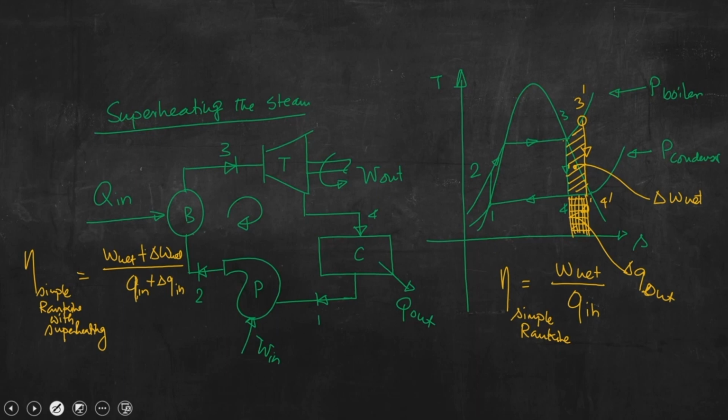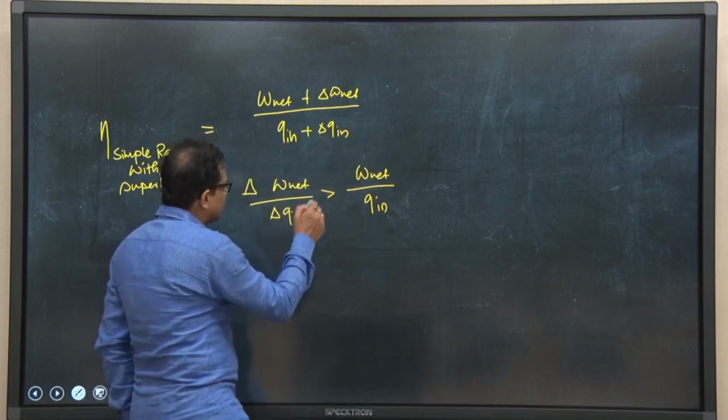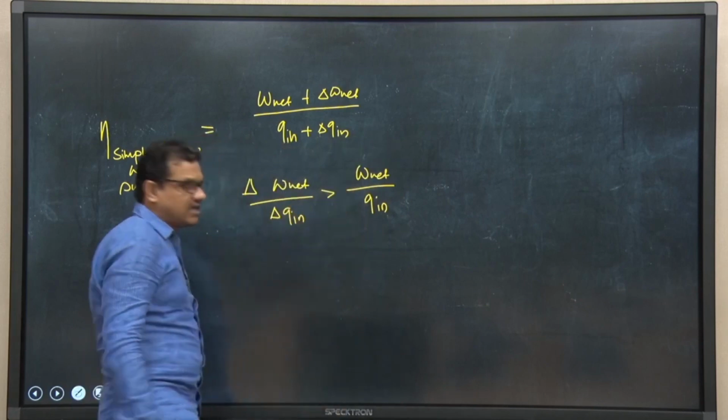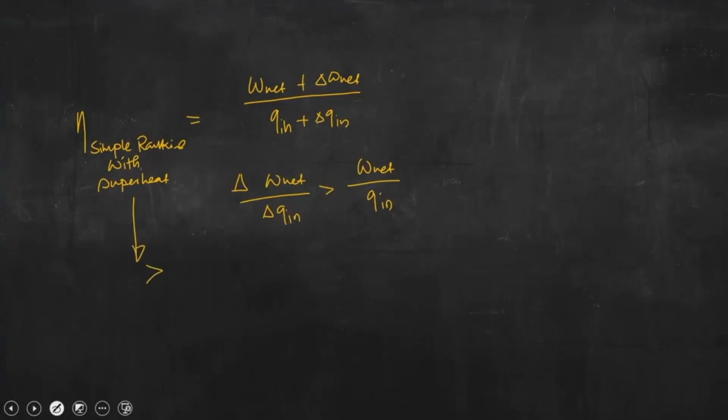Yes, because I have already written that delta W net by delta Q in is greater than W net by Q in. Hence, this quantity must be greater than eta simple Rankine.